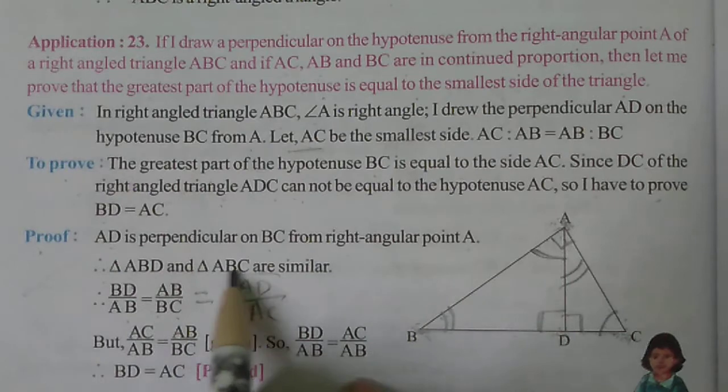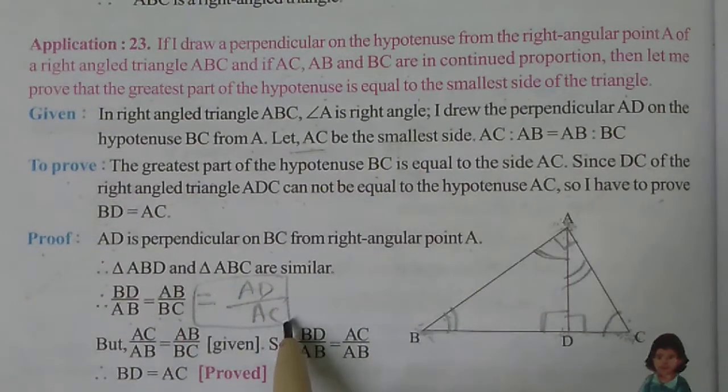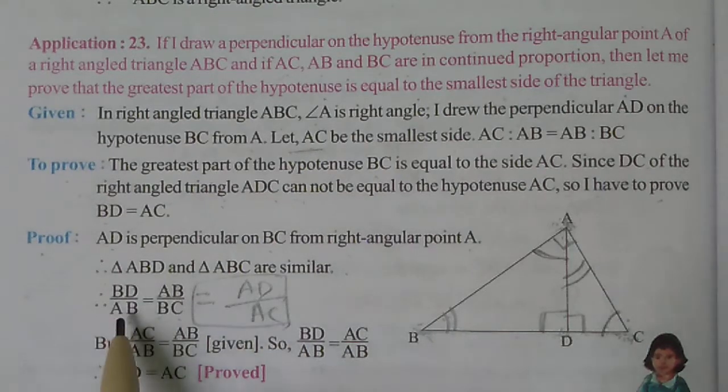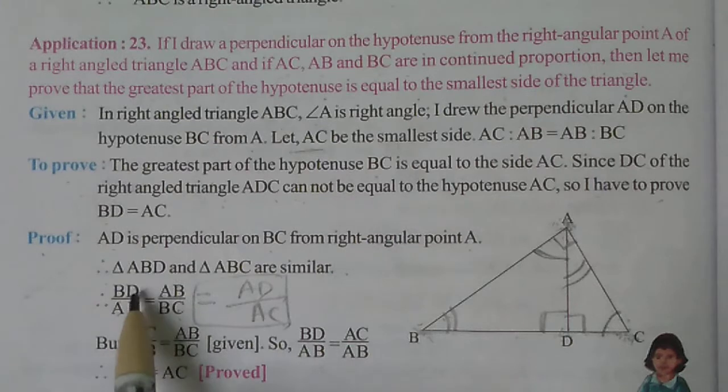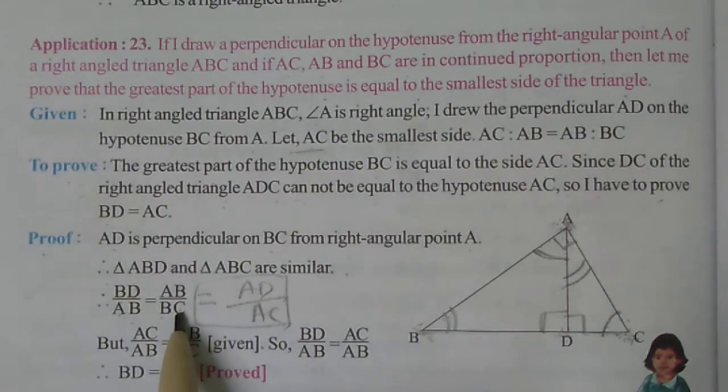But this ratio is useless for this context. So we take only the first two ratios, BD by AB equals to AB by AC.